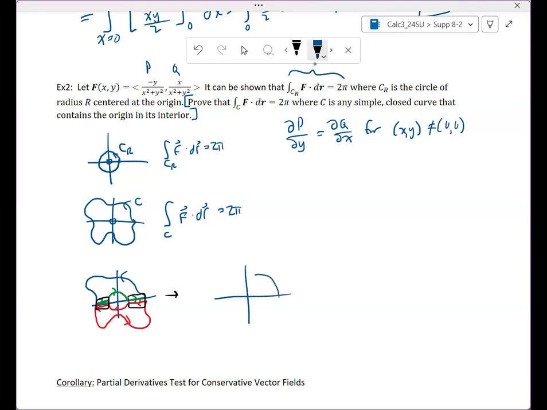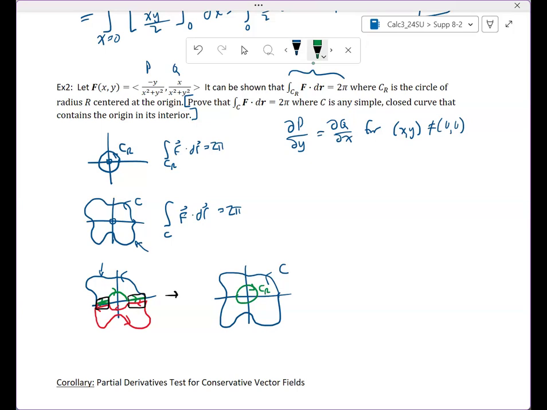So what I end up with is something that looks like the curve C, which is the same curve C up here, as the outermost curve of this picture on the bottom left. And then I have this inside, I'll just draw it all in green this time, CR.